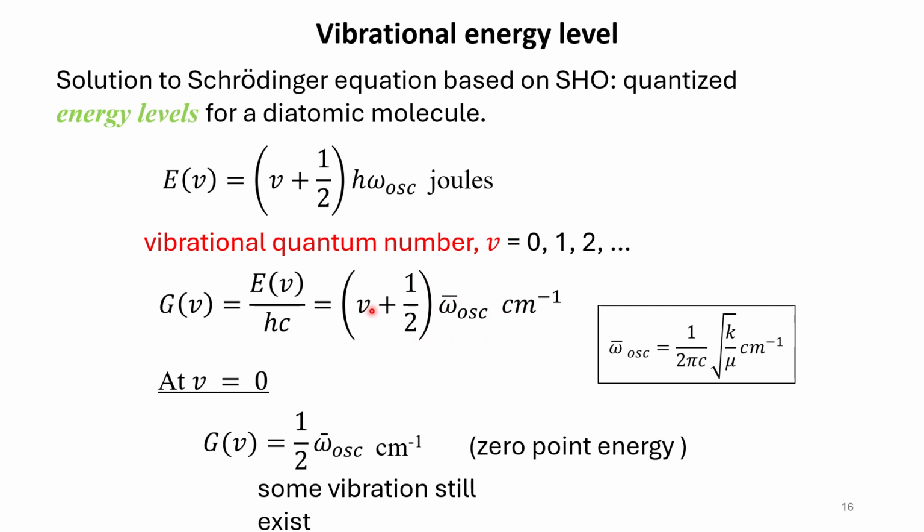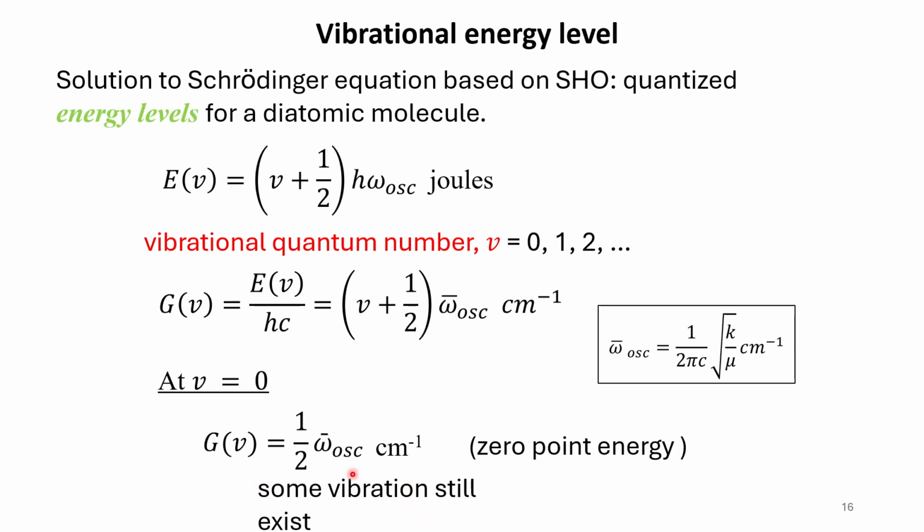If you substitute v equals 0 into the equation, which means the ground state, the lowest energy for the molecule, the value of the energy is equal to 1 over 2 multiplied by the vibrational frequency.